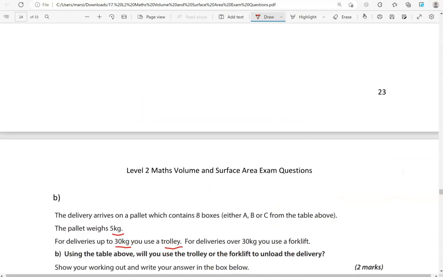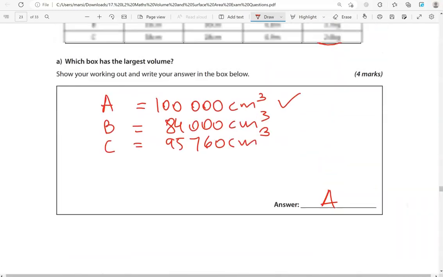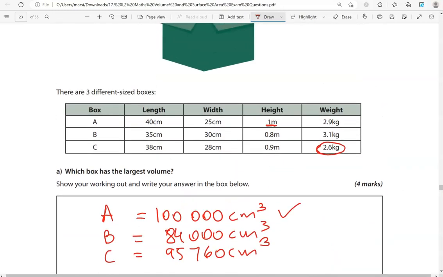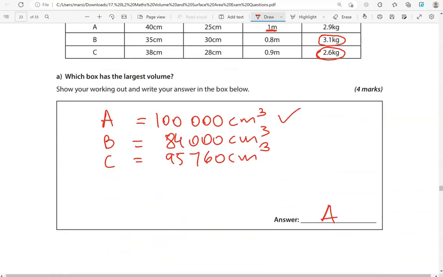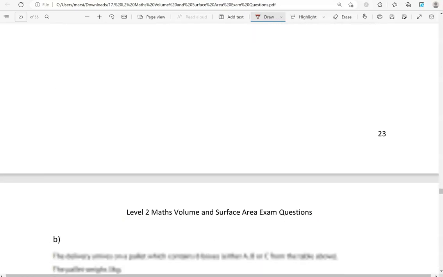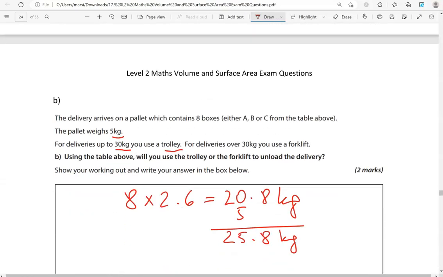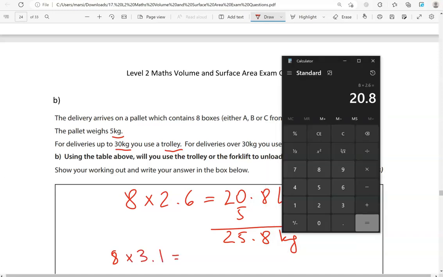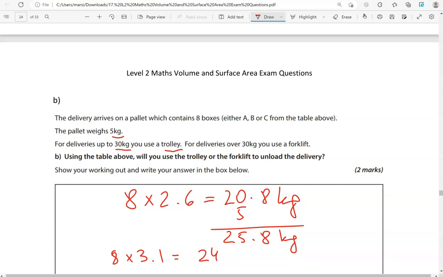What if the heaviest boxes are delivered. So that would be 3.1 kilograms each. So we'll do 8 times 3.1. Gives us 24.8.